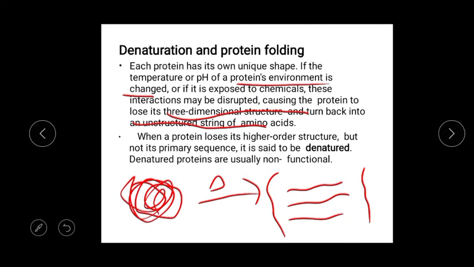So it loses its higher order structure. It is denatured, and denatured proteins are usually non-functional. They have no function.